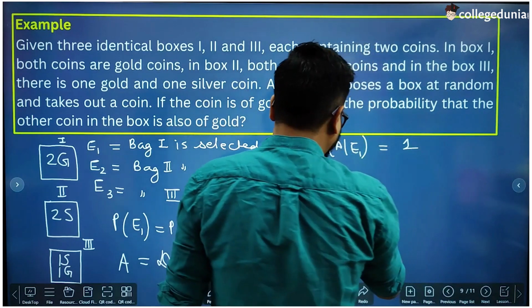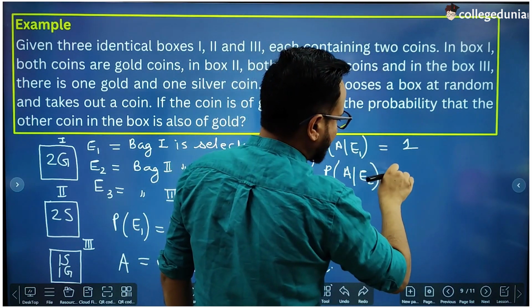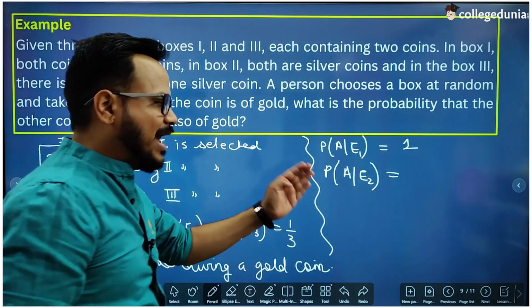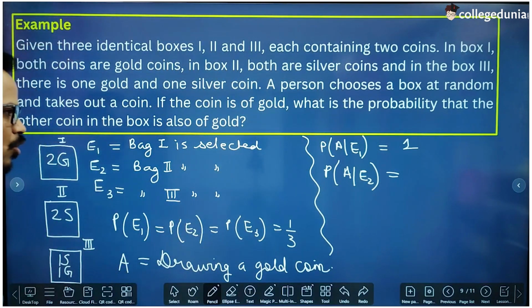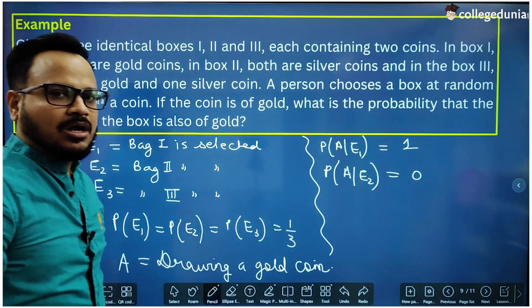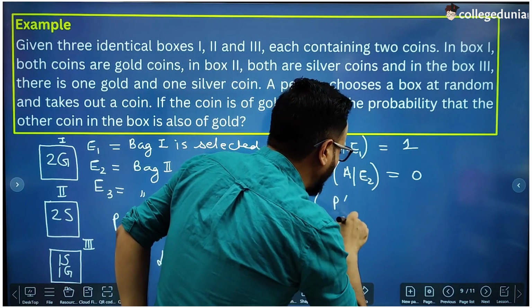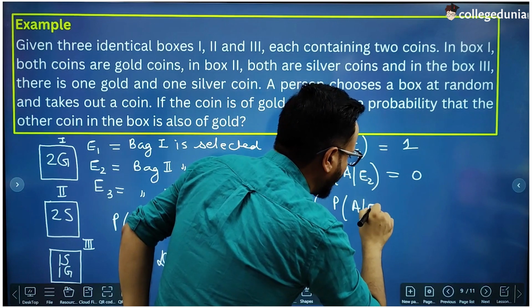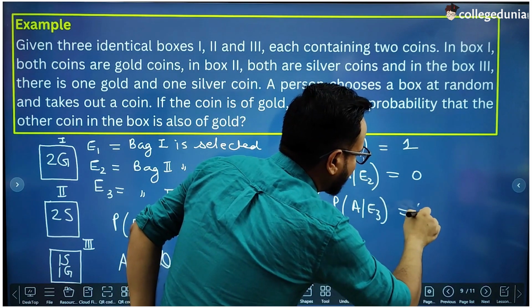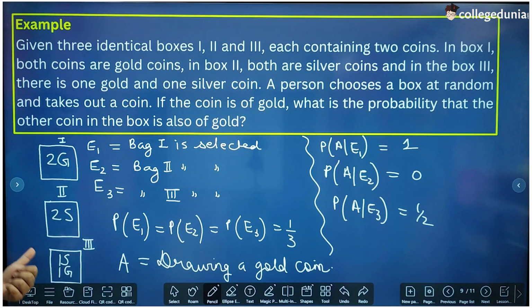Okay, what is P(A/E2), which means that we have selected bag 2 and we are drawing a gold coin from that bag, but bag 2 does not contain any gold coins, so the probability of drawing a gold coin from bag 2 is 0, and the probability of drawing a gold coin from bag 3 is 1 by 2, because there is one gold coin in the third bag and total coins are 2.